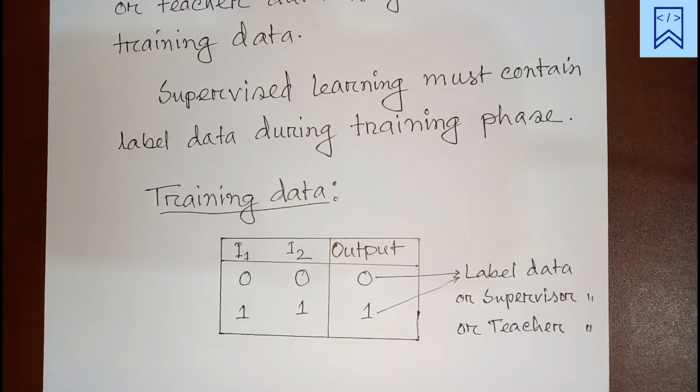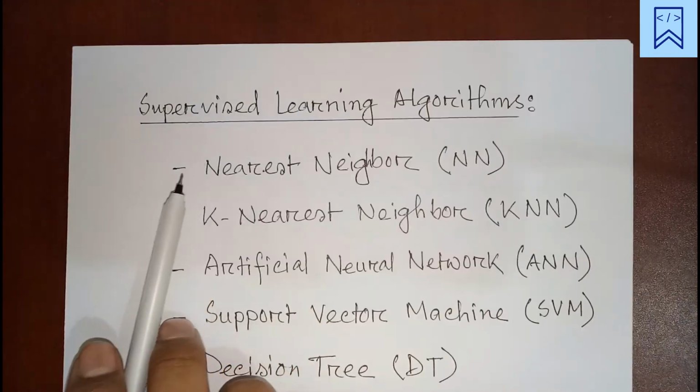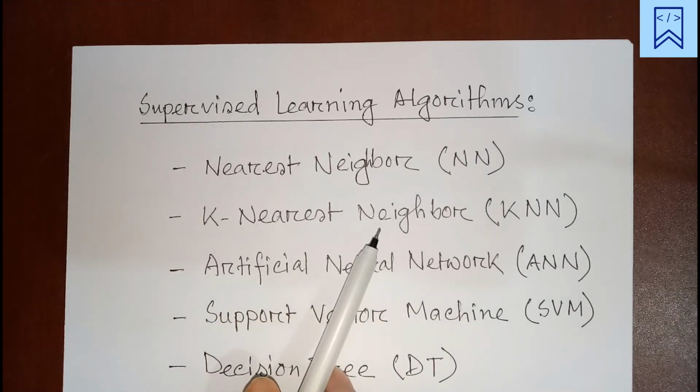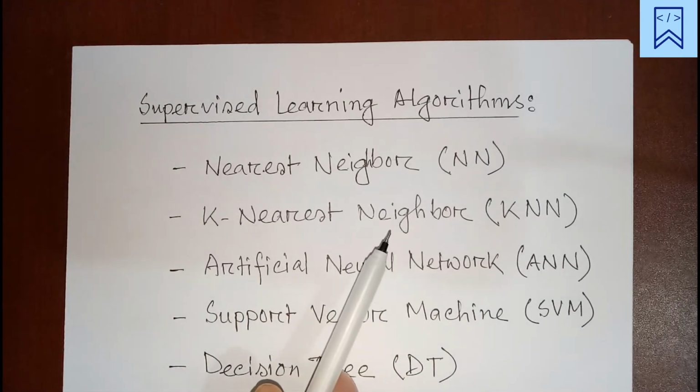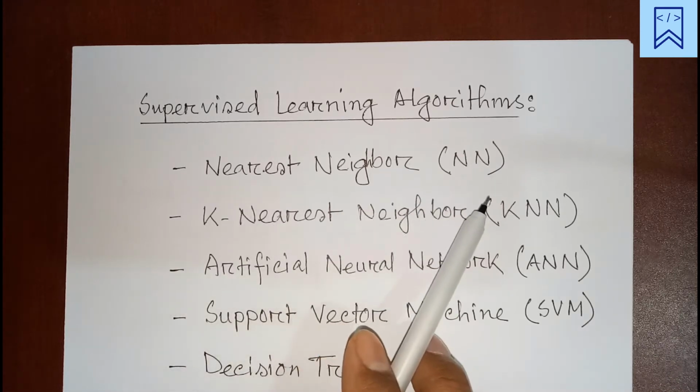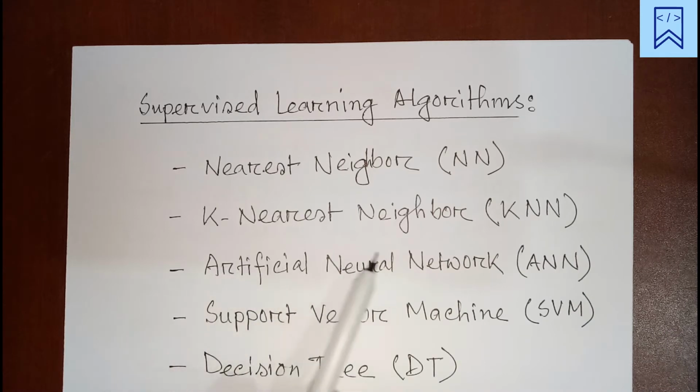Now let us look at supervised learning algorithms. For supervised learning, there are different algorithms. For example, nearest neighbor called NN, K nearest neighbor called KNN, artificial neural network called ANN, support vector machine called SVM, decision tree DT.